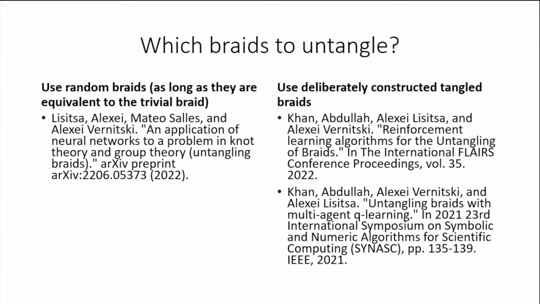In some of our studies, we construct braids which are tangled on purpose. So we have this agent which learns to untangle, and we have the second agent which learns to tangle braids in such a way that the first agent doesn't know how to untangle them. So this second way of constructing badly tangled braids is interesting, and we have done it in some easy scenarios, but we are going to try it on more complicated and more interesting scenarios.